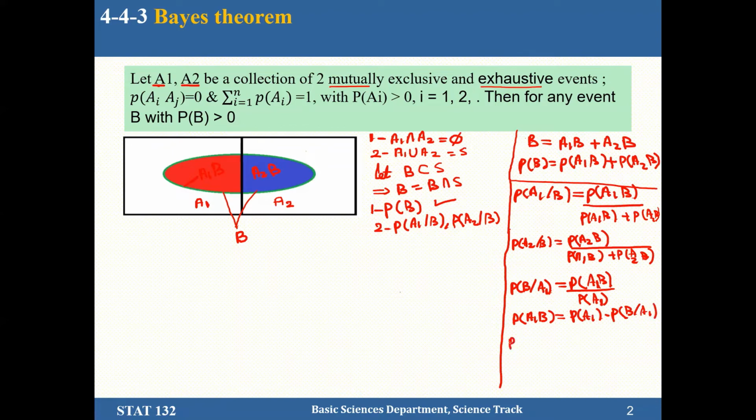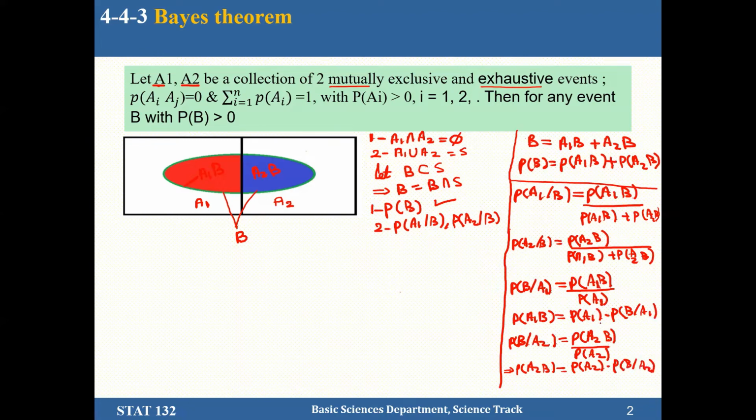Similarly, P of B given A2 equals P of A2B over P of A2. Then P of A2B equals P of A2 multiplied by P of B given A2.